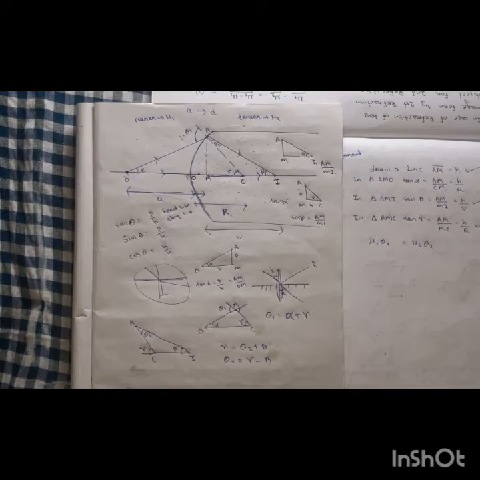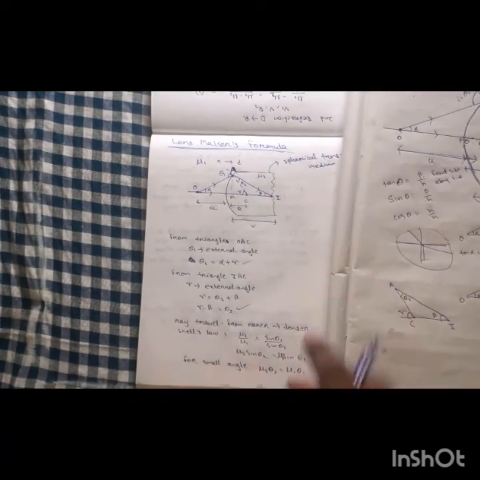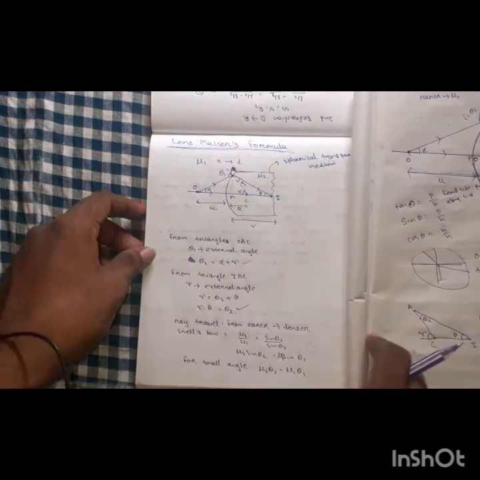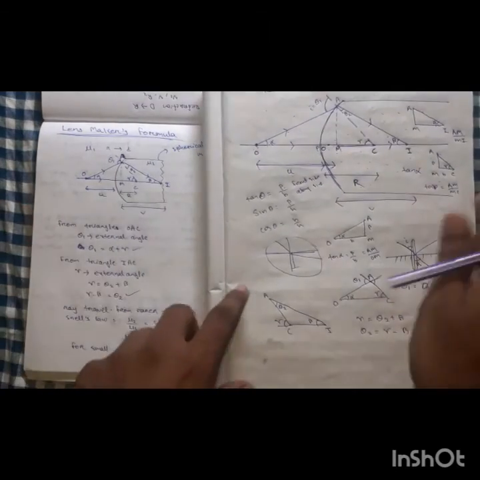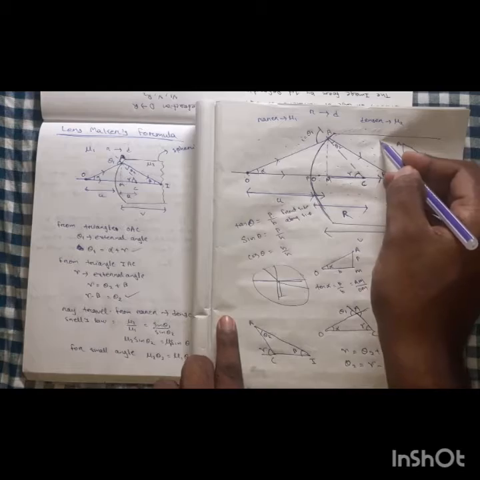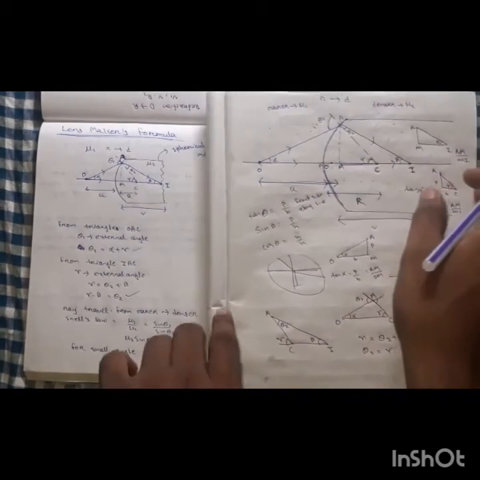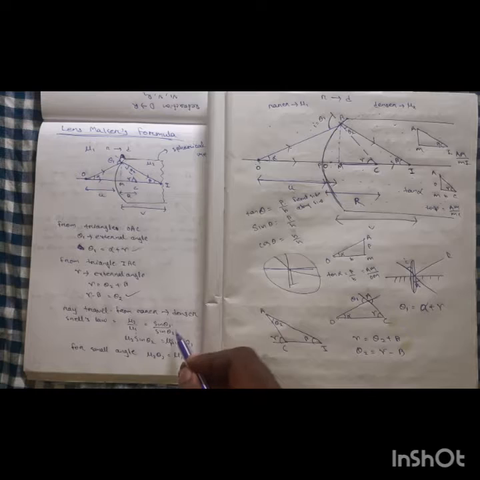Then listen, a ray travels from rarer to denser. This is light traveling from rarer medium to denser medium. That means Snell's law will be applied. Then, according to Snell's law, mu 2 by mu 1 equal to sin theta 1 by sin theta 2. Understand?